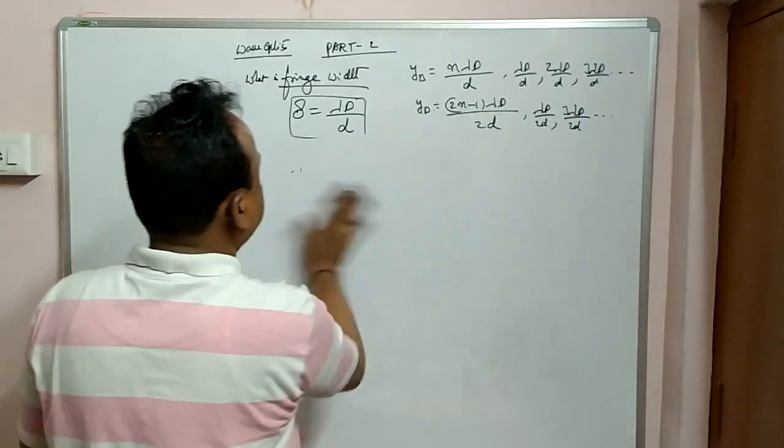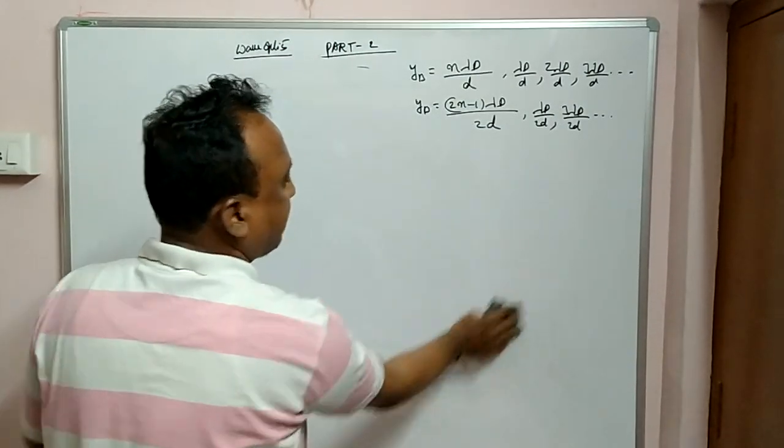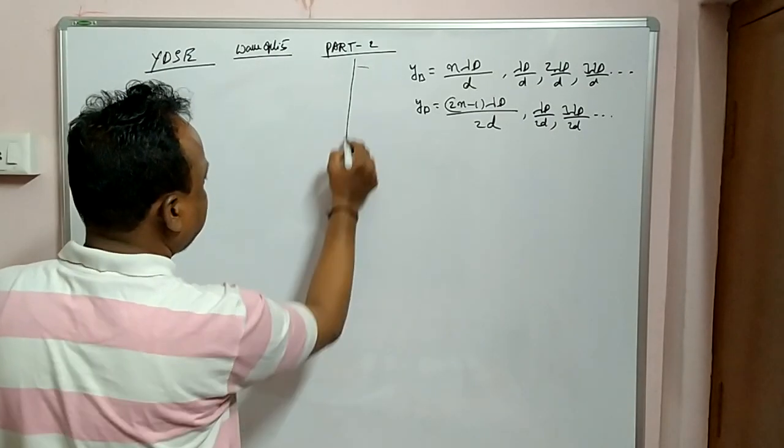In the previous class, that is in part 1, we discussed the derivation. This is the YDSE, Young's double slit experiment. In this you have taken two slits, S1, S2. The distance between the two slits is taken as d, and this is the screen.